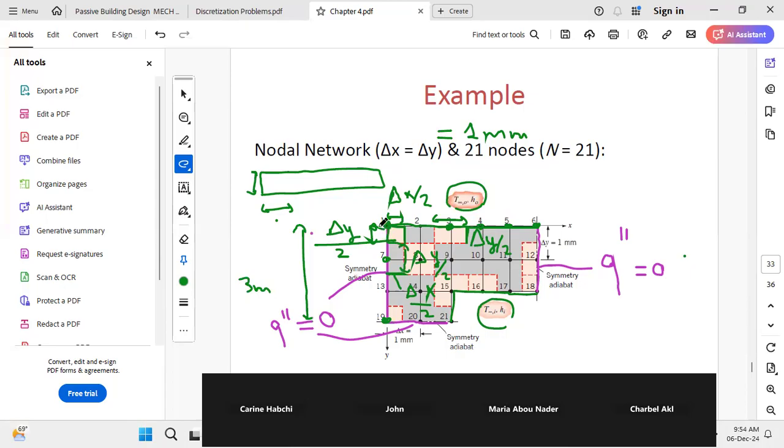Since I have delta y over 2, if I want to place my points, this is point 1. In the vertical direction, the size of this first cell is delta y over 2, so it's 0.5 millimeters.